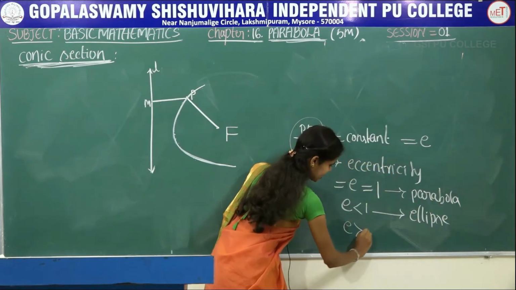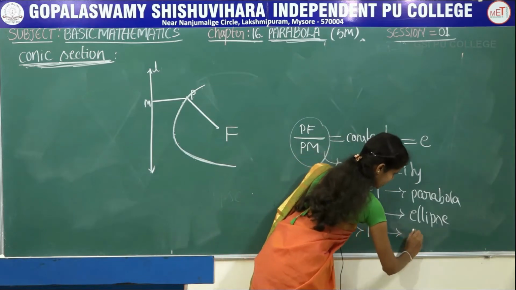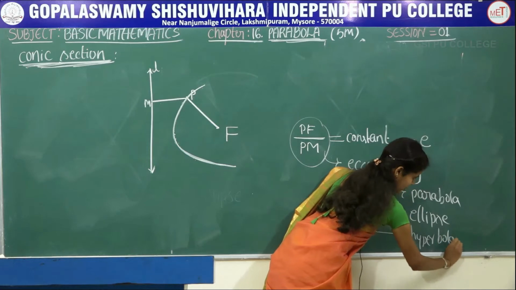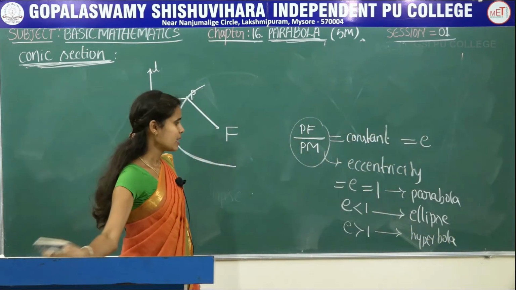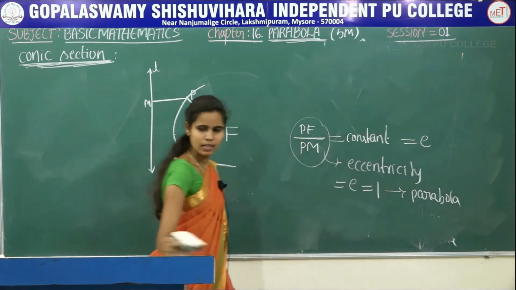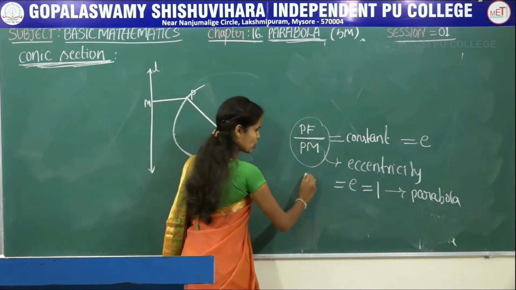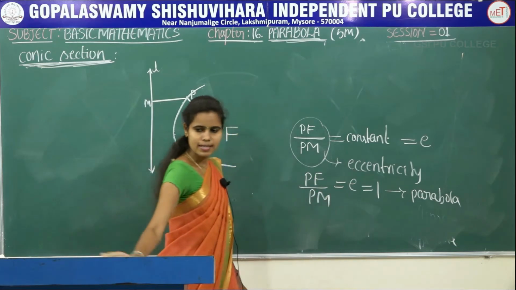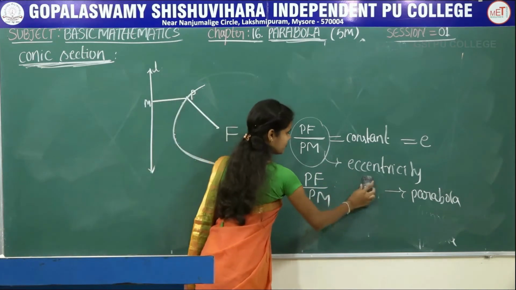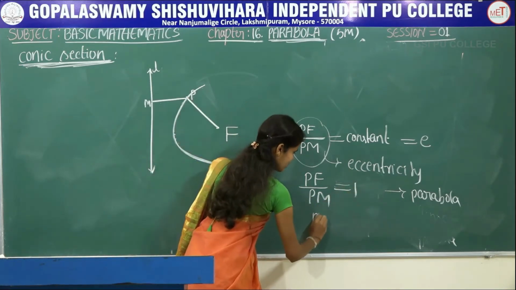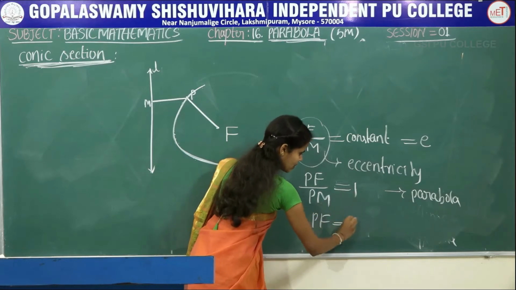If eccentricity is greater than 1, then the conic is called a hyperbola. Eccentricity equal to 1 means PF divided by PM is equal to 1, which means PF is equal to PM.